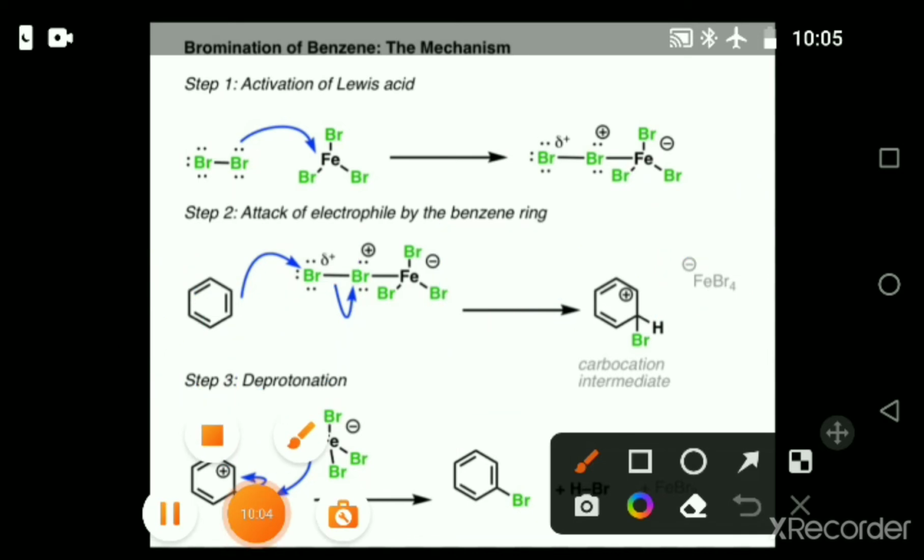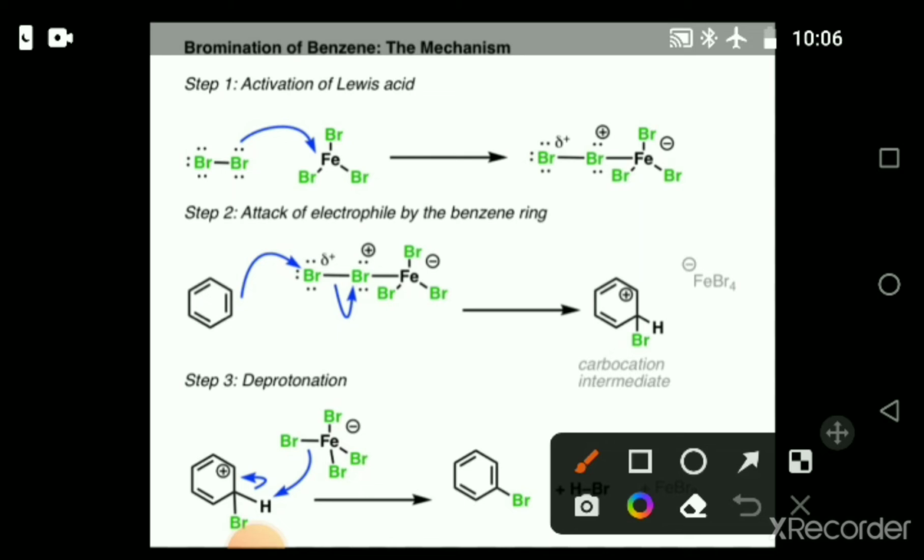Once again, halogenation is when benzene reacts with chlorine or bromine in the presence of a catalyst, and one of the hydrogen atoms on the ring is replaced by a chlorine or bromine atom. This is called a halogenation reaction.